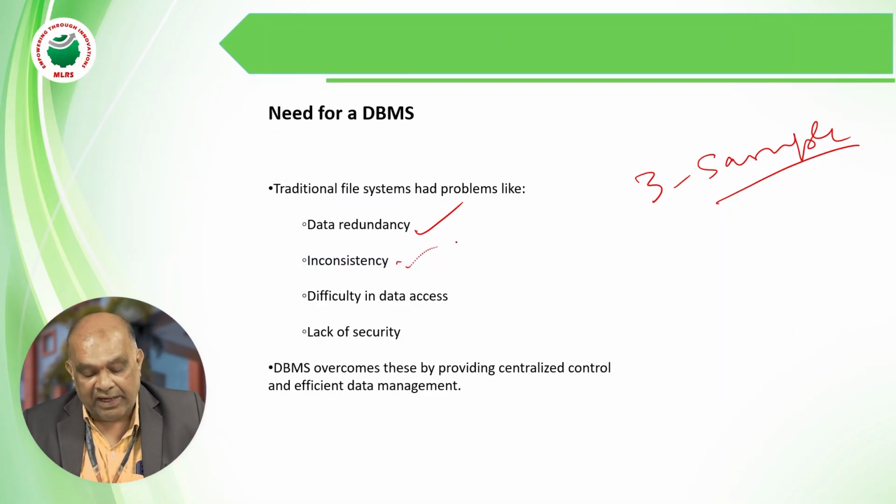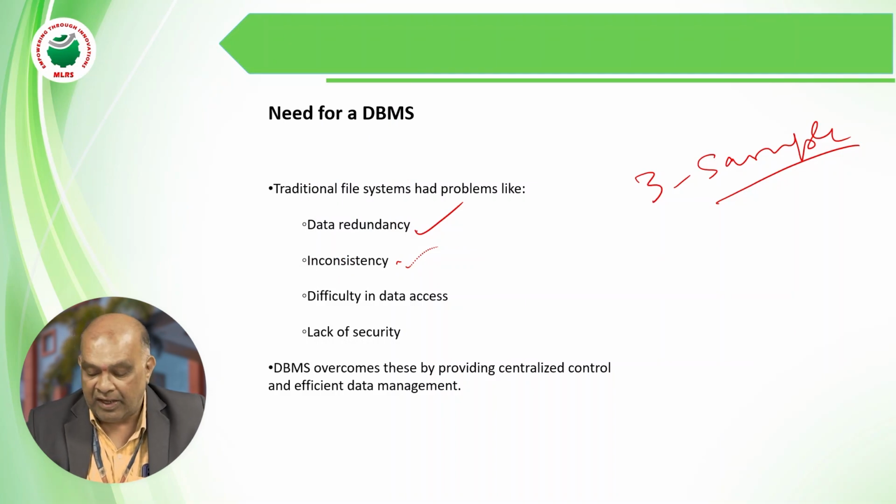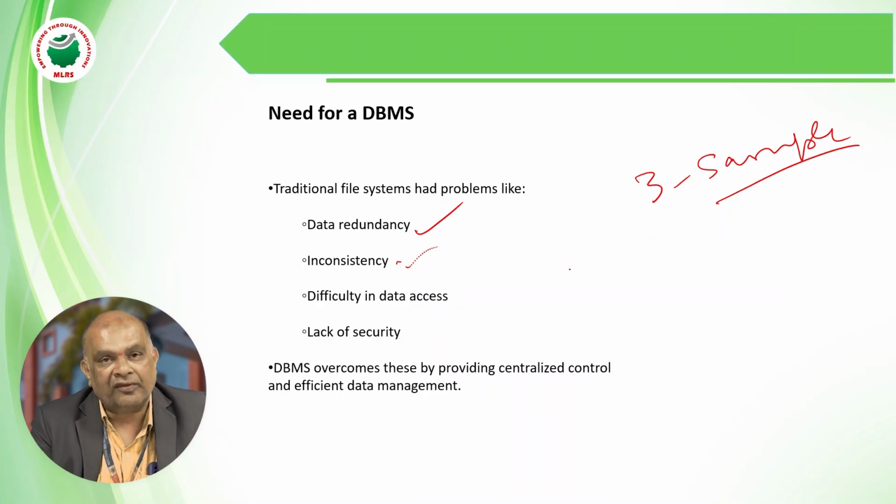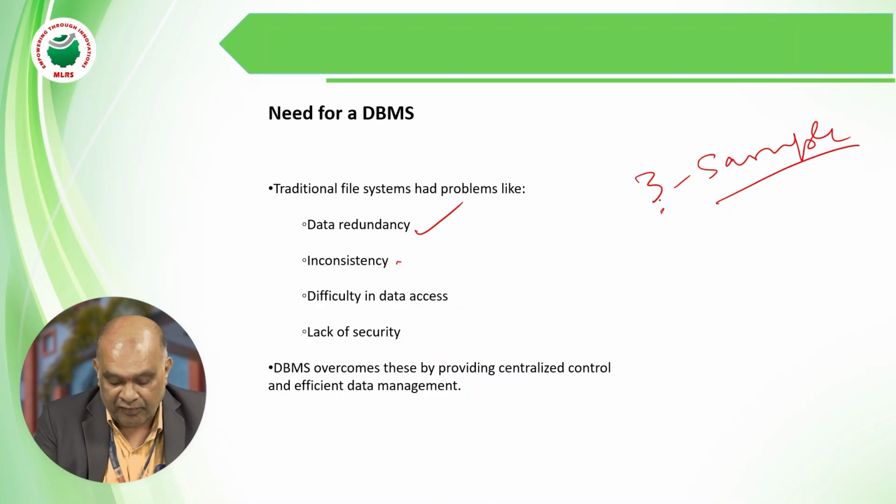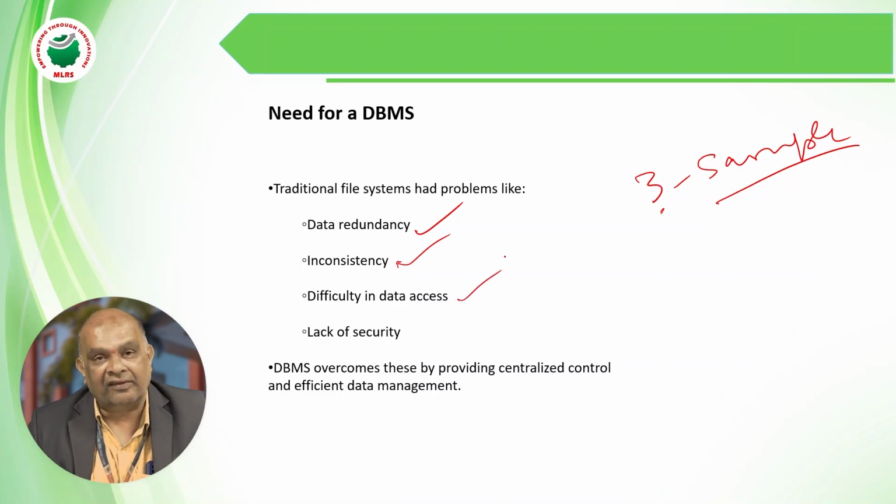Whenever we are having duplicate records, definitely there is an inconsistency of the data, because every time we are processing the three records which have the same data, and the data type is the same. So unnecessarily we are going to use more space to process that particular data. So there is always an inconsistency and difficulty in data access.